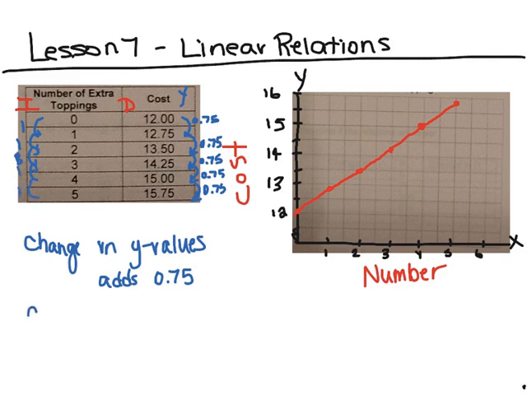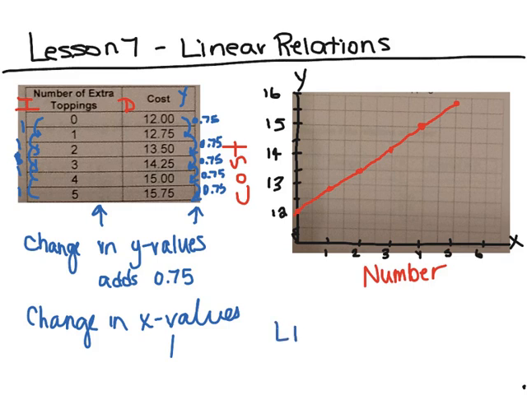They all go up by 1. So the change in x values is 1. So that means that because it's consistent for both the y's and the x's, it's a linear relation or a linear function.